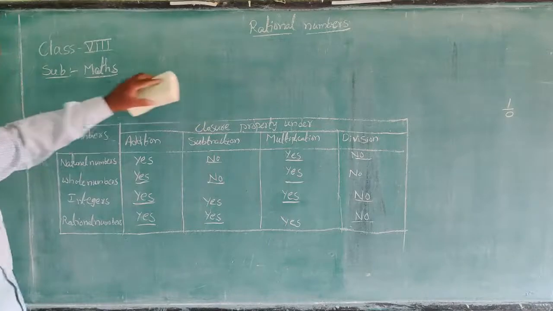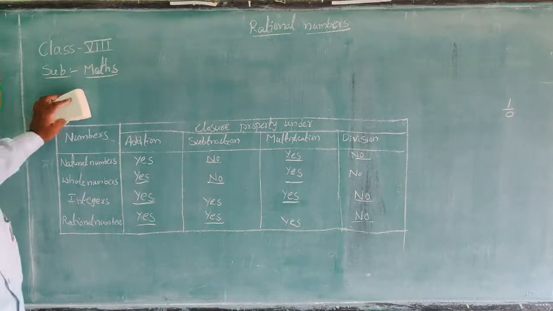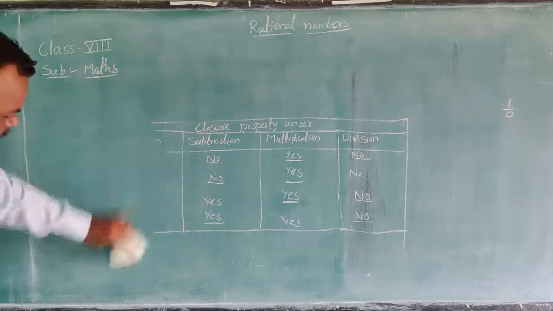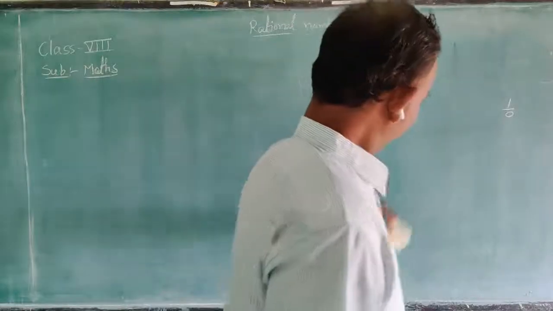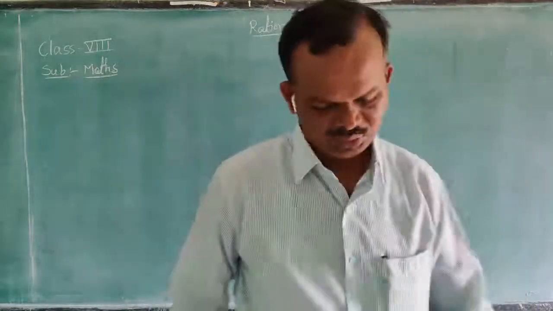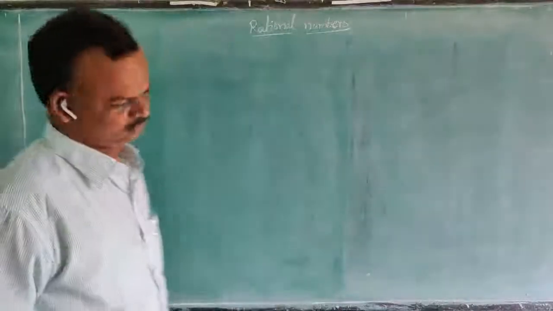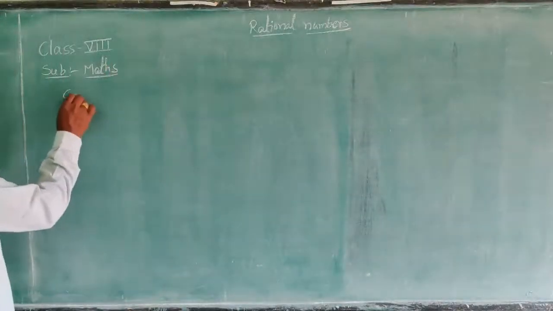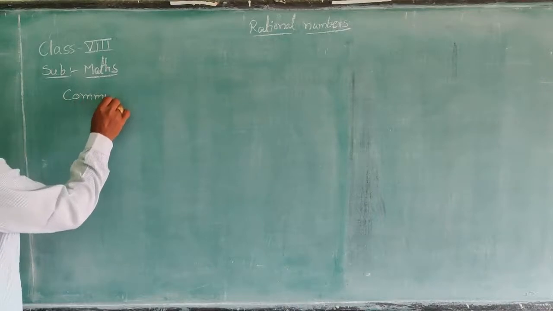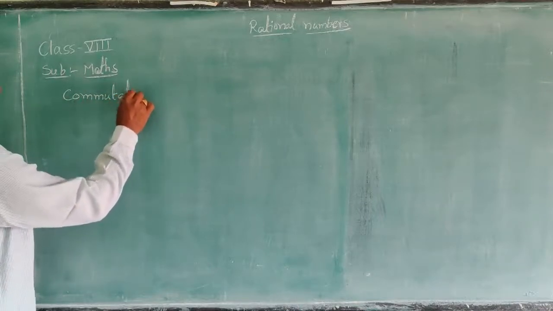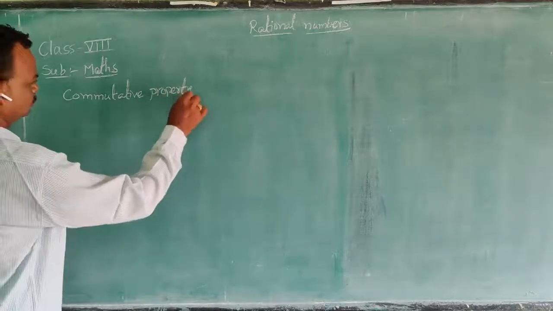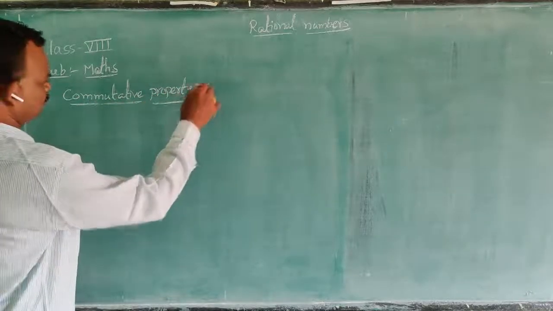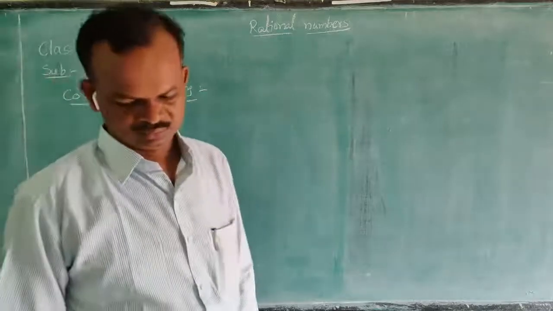That was the closure property. Today we will discuss the commutative property.